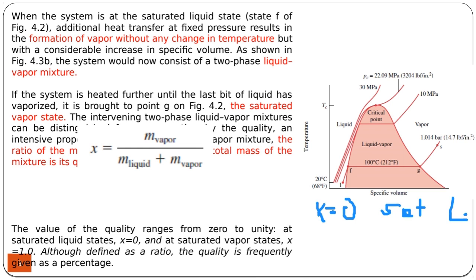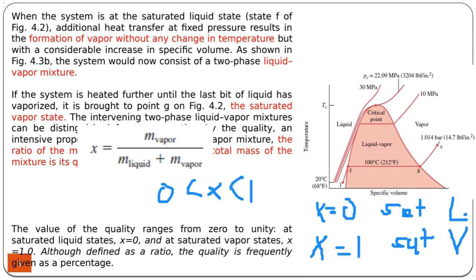So it occurs at the point of saturated vapor. In between, you can have a quality between 0 and 1. So this is what the situation is for a mixture.